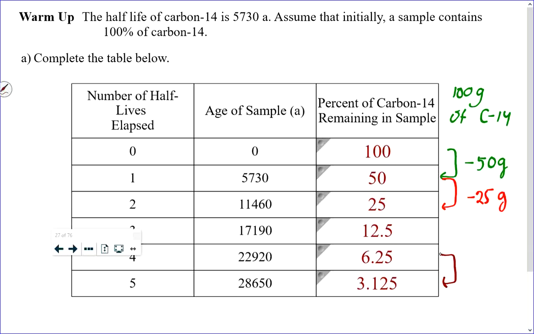So as the population of bees goes up, the number of bee babies goes up because there's more bees to have babies. As the number of nuclei goes down, there's less nuclei that can decay, so fewer will decay.